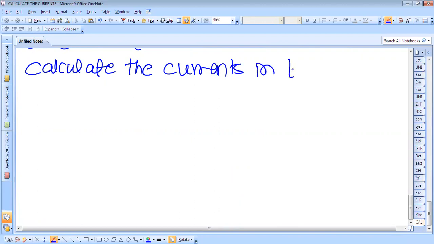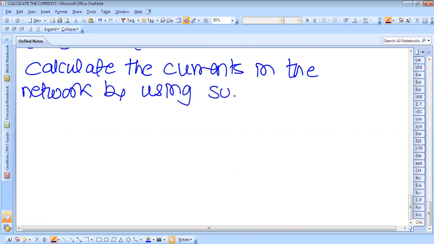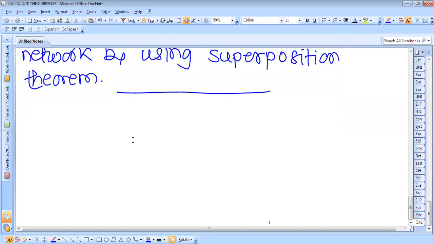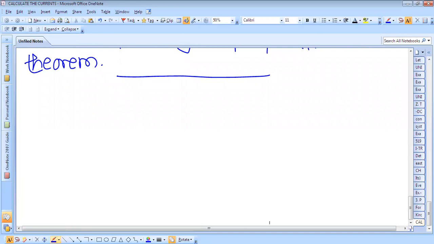So by using the superposition theorem, we have to calculate the current in the network. Okay. So the network is given like this.